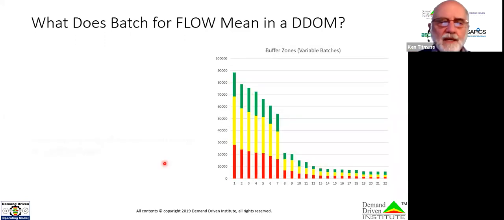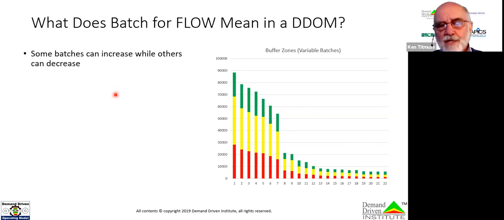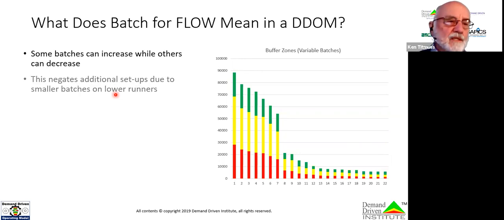So what we can do here is increase the minimum orders for these items that have greater demand, and reduce the order batches down at that end there. So some batches can increase while others can decrease.